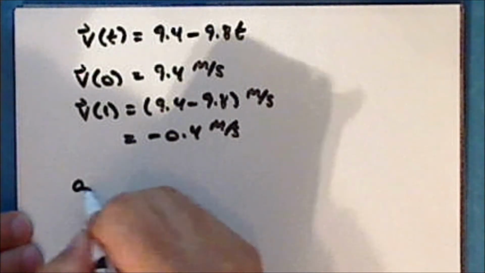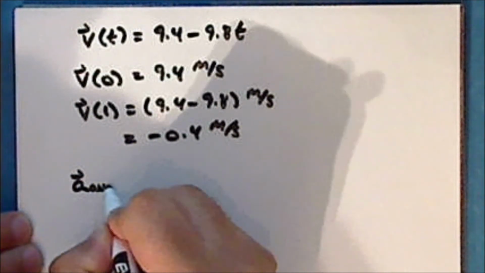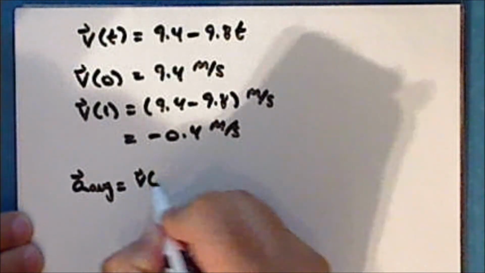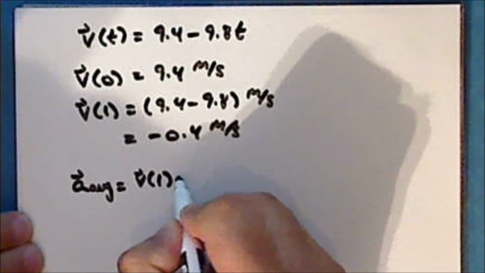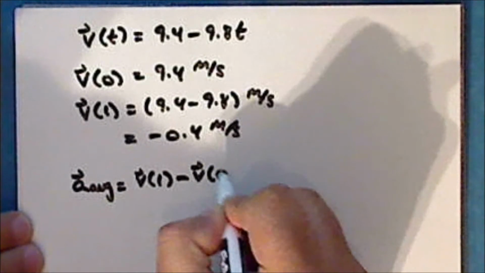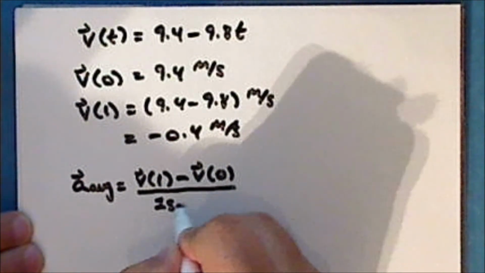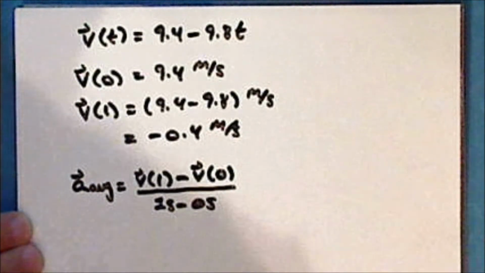And so the average acceleration is the change in the velocity, which is the velocity at time t equals 1 minus the velocity at time t equals 0, divided by the time interval of 1 second minus 0 seconds.